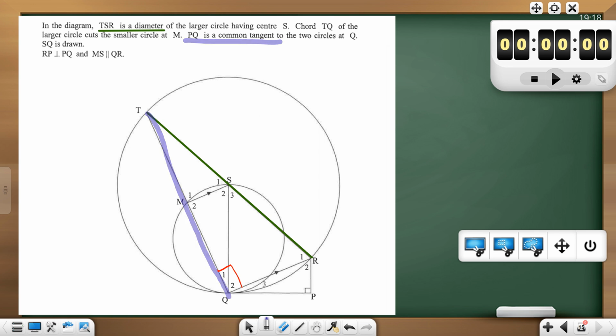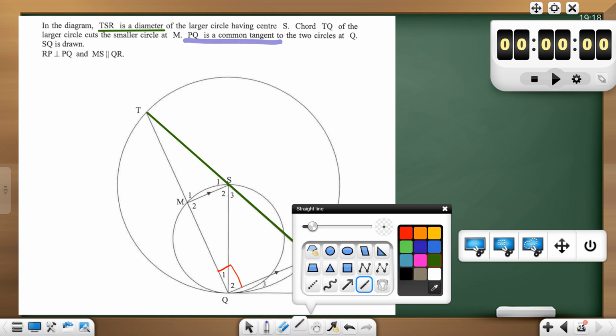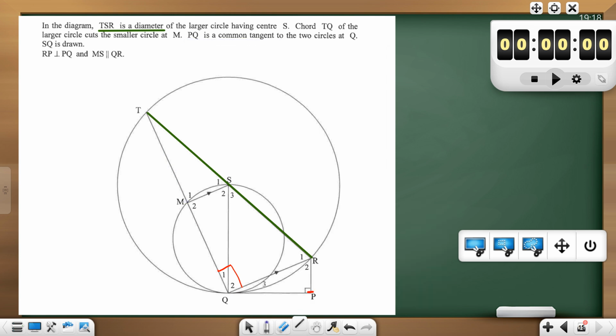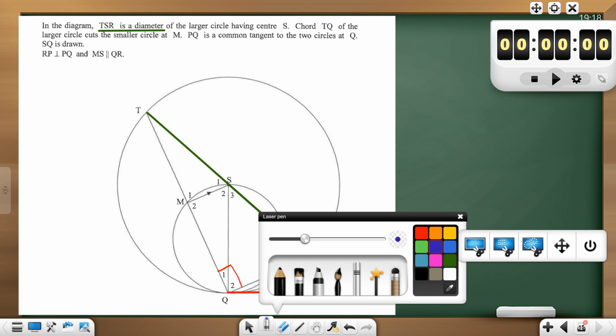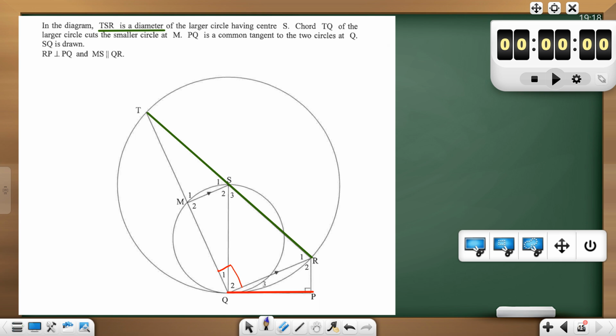PQ is a common tangent. Where's PQ? Common tangent to both circles. That's a very important statement. PQ is a tangent to both circles. Makes sense. I already see a tan chord there, but we'll find out. RP is perpendicular, that is given, and MS is parallel. Okay, we have those two pieces of information.